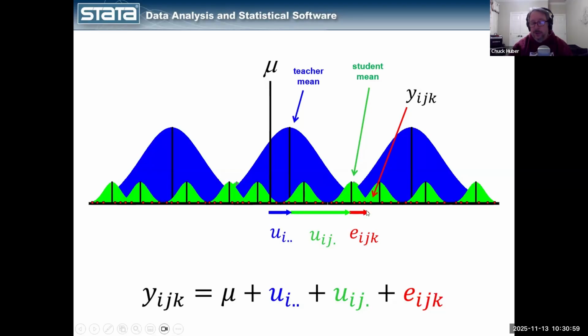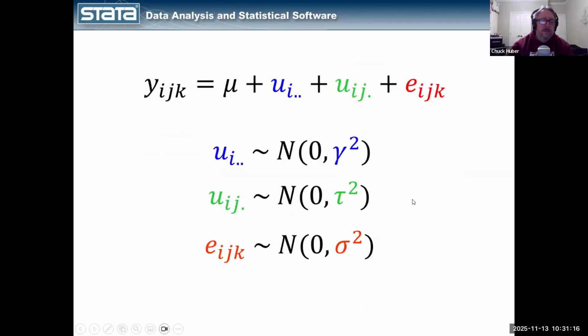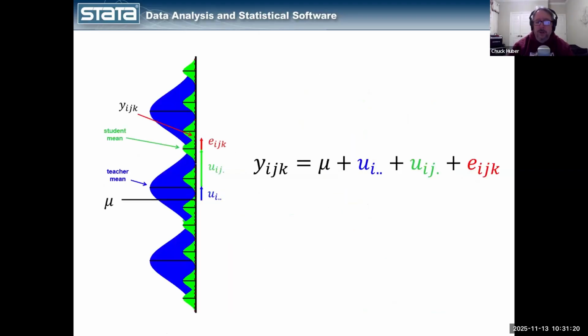If we ignored the clustering, that residual would be the same length overall. So we're not changing the data in any way. All we're doing is splitting one big residual into three residuals, and we're chopping it up based on the various cluster means of the various clusters. Okay, same assumptions as we had before: normally distributed, mean of 0, estimate the variance for each one.